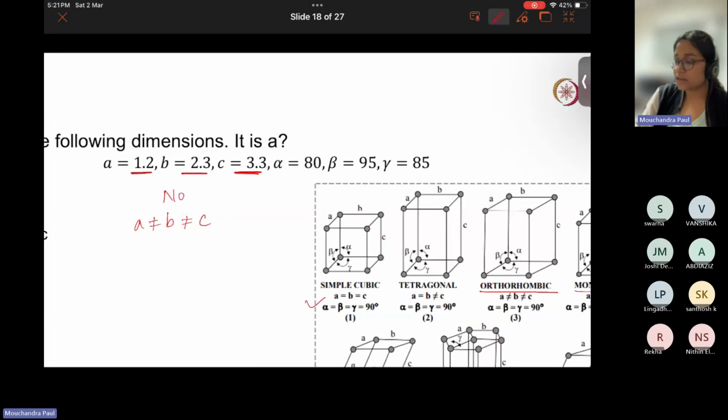Now you look at the angles. Alpha is 80 degrees, beta is 95 degrees, and gamma is 85 degrees. They are not equal, right? Neither of them is 90 degrees, correct? So alpha is not equal to beta, beta is not equal to gamma.